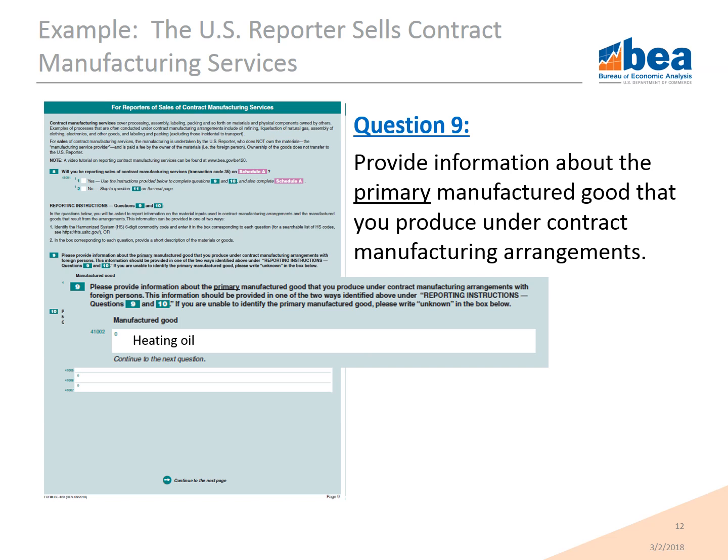This can be accomplished by identifying the Harmonized System 6-digit commodity code, which can be found using the ITC search tool at the link referenced above question 9, or by providing a brief description in the space provided. For this example, the finished product is heating oil, and that description has been entered into item 9.